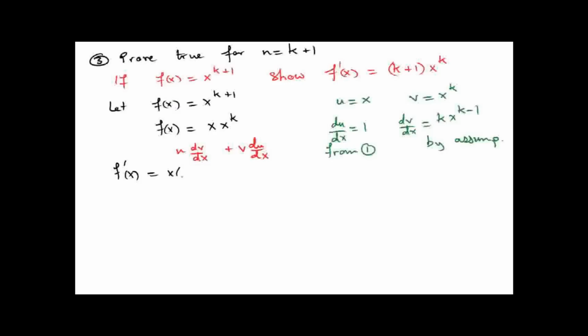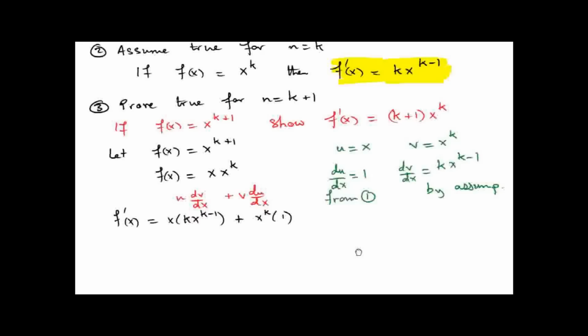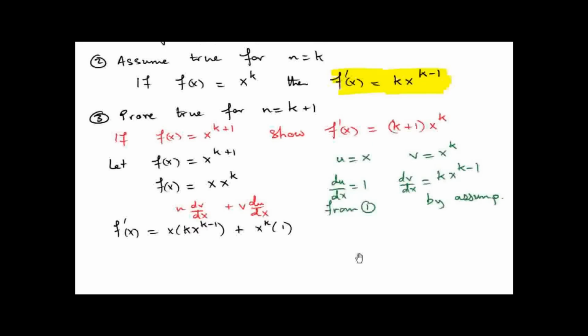So u is x and dv dx is kx to the power of k minus 1, plus v du dx, isn't that x to the power of k multiplied by 1? Isn't it? When did you become minus 1? Well, from my assumption. You see, my assumption, Sean, was that if f of x is equal to x to the power of k, if you differentiate x to the power of k, you get kx to the power of k minus 1. So here we have an x to the power of k, and I'm just saying if you differentiate that, you get kx to the power of k minus 1. So I got it from step 2, from my assumption. Okay?